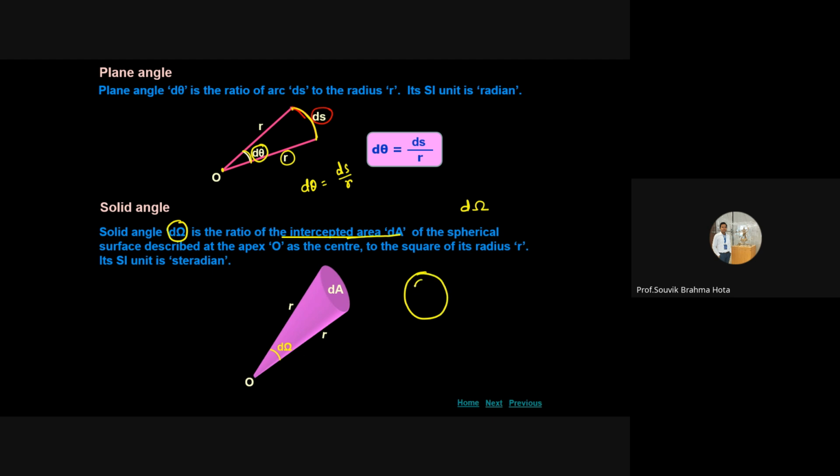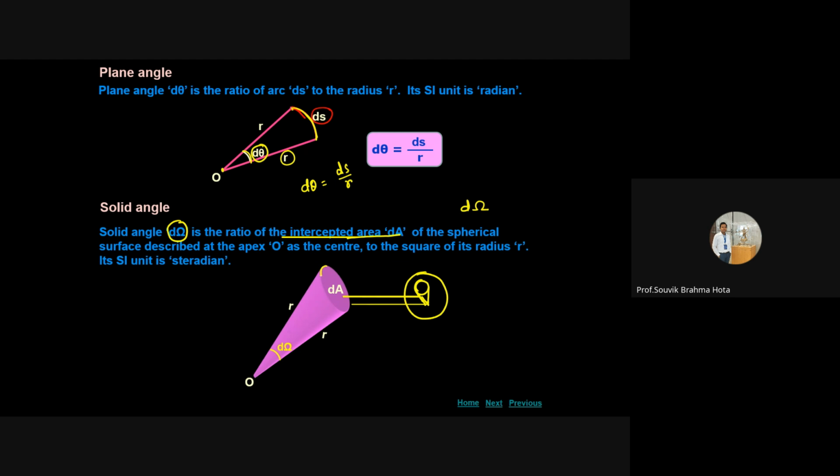You cut a portion on the surface of the watermelon and get a chunk which has its apex point at the center of the watermelon. That piece looks like this.